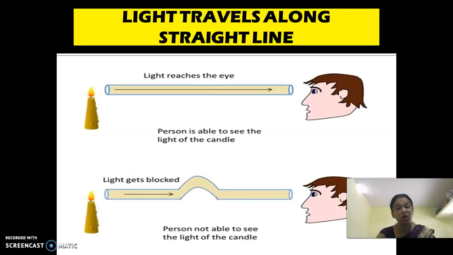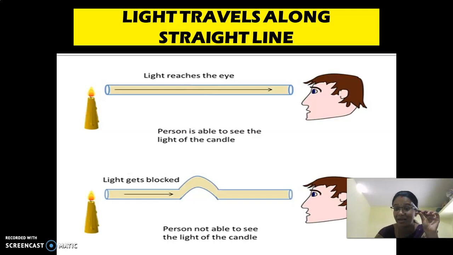Next, one more important property of light is that light always travels along a straight line. So it cannot travel in an undefined path. Consider if I am looking at a candle light through this pen hole.